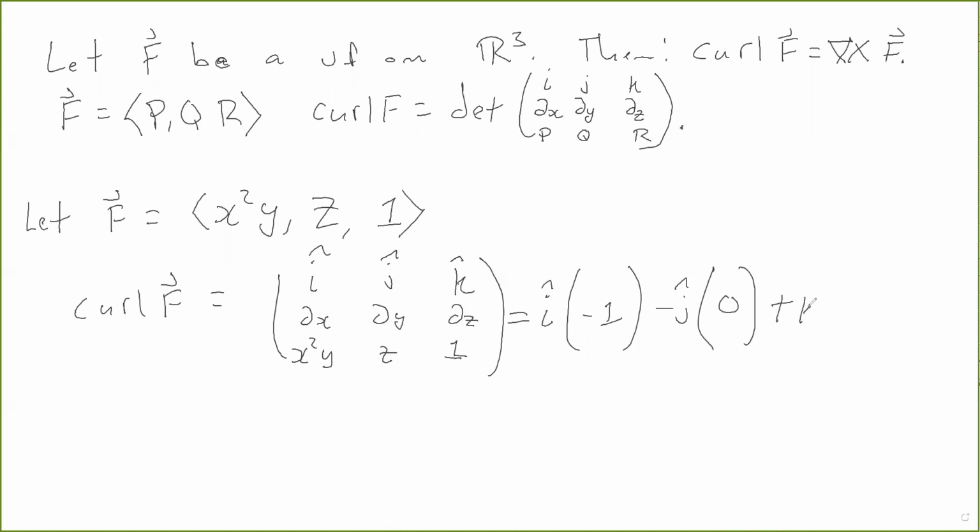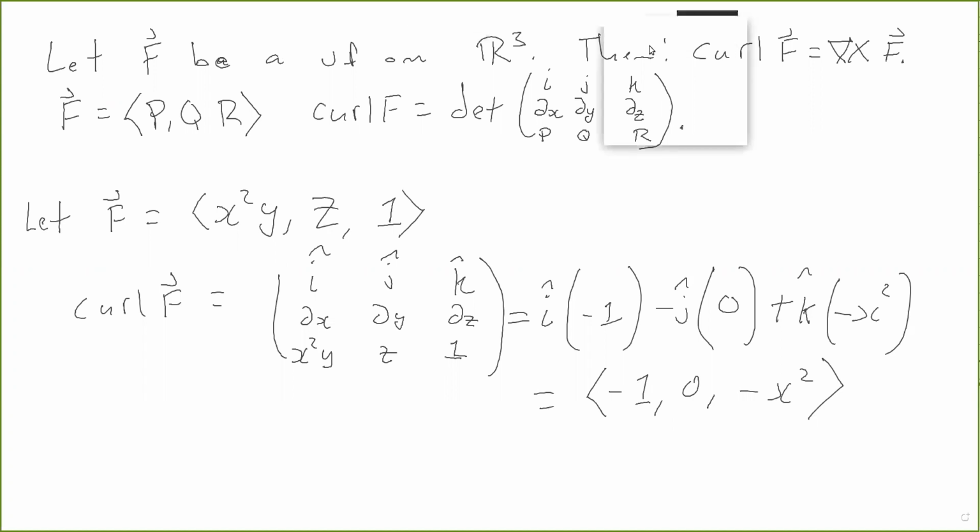And then plus k hat times the determinant of this 2 by 2 matrix. So it's the partial derivative of z with respect to x, which is 0, minus the partial derivative of x squared y with respect to y, which is minus x squared. Okay, so this then is just minus 1, 0, minus x squared. So the curl of this vector field is equal to this vector field. So the curl of a vector field on R3 is another vector field on R3.